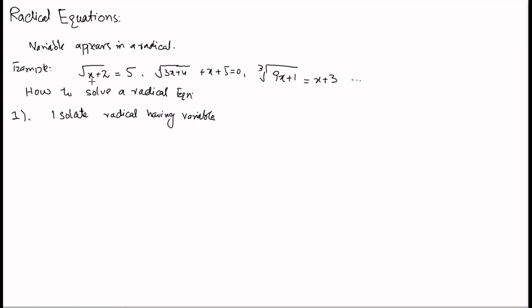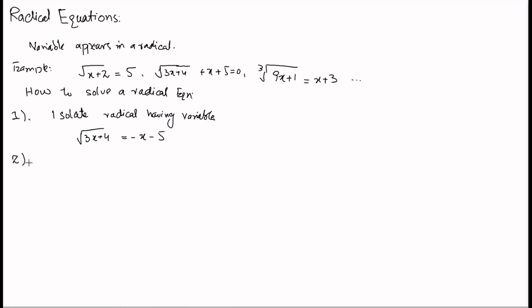Now in these examples, in square root of x plus 2 is equal to 5, the radical is isolated. In the second example, square root of 3x plus 4 plus x plus 5, the radical is not isolated. In the third example, the radical is also isolated. So to isolate the radical having the variable in the second example, we will simply keep the radical having the variable: square root of 3x plus 4 is equal to minus x minus 5. This is isolation of the radical.